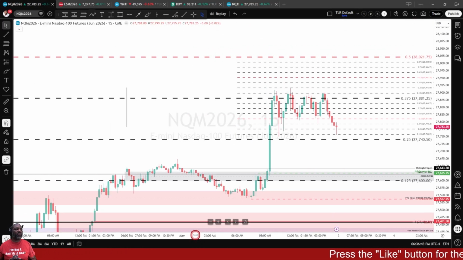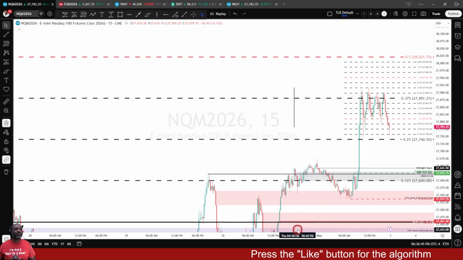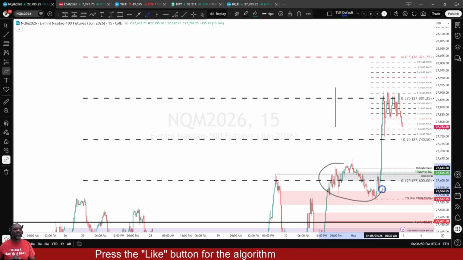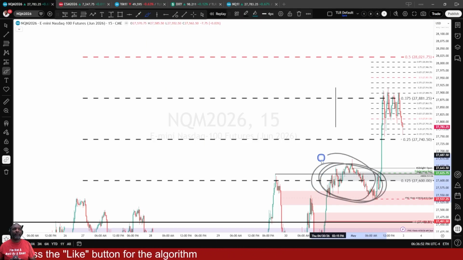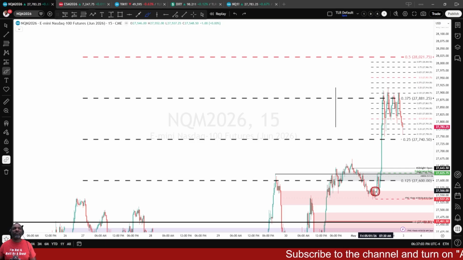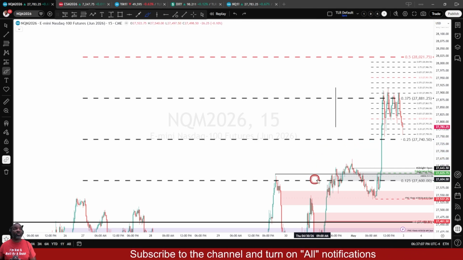You can see that even after price sat here engineering liquidity, first thing in the morning at 9:30, we took off and we traded all the way above that quadrant level.